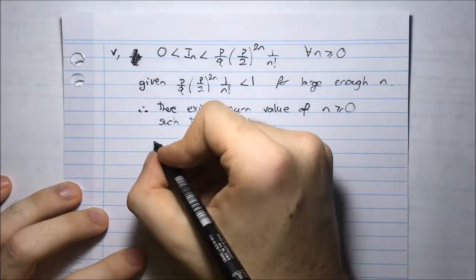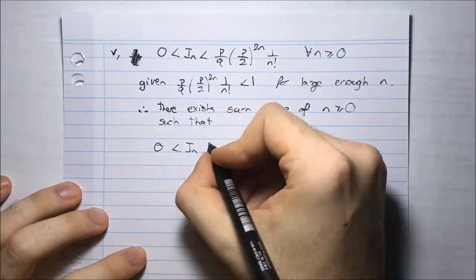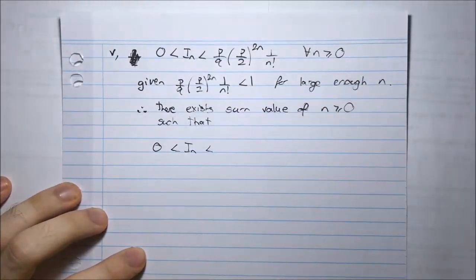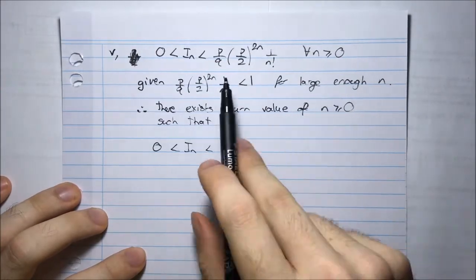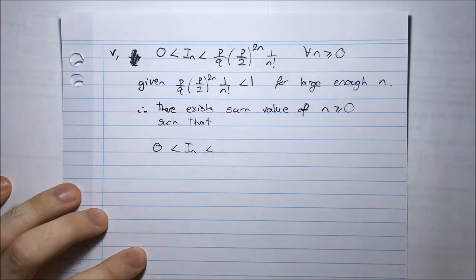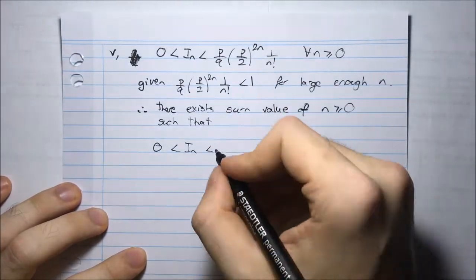I'm going to use this: 0 is less than I_n, is less than this thing, but I'm saying that this is now, for some value of n, in fact, I'm told in the question, for large enough n, this is less than 1. So there's got to be some n where this thing will be now less than 1.